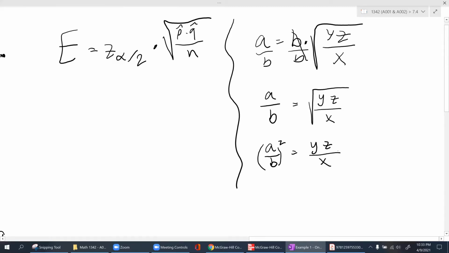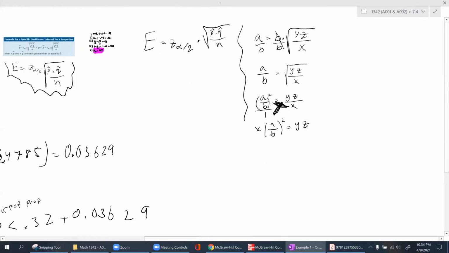One thing we may want to do is, a over b squared, that's one term, and it's being divided by just one. So I want to go ahead and cross multiply. So this is yz times 1, and this entire parentheses times x. So this gives me x times a over b squared is equal to yz.